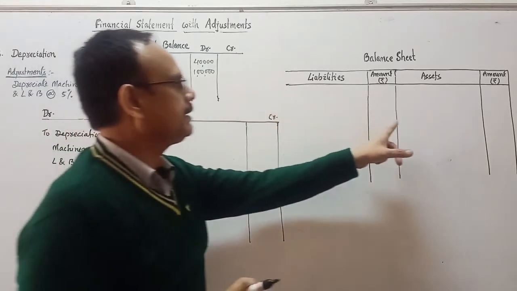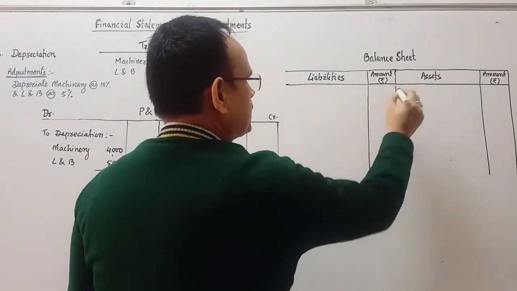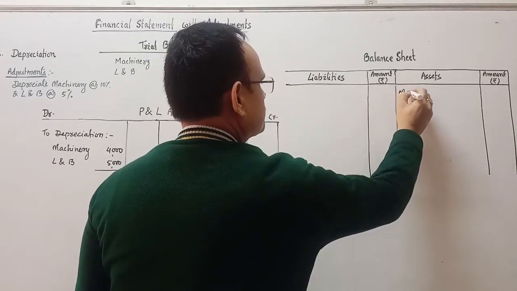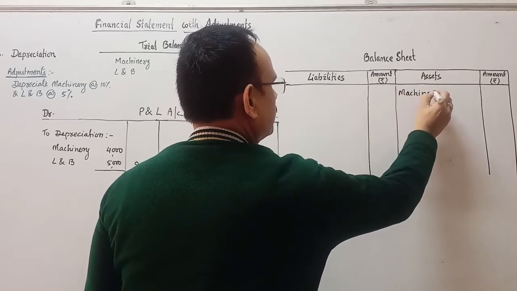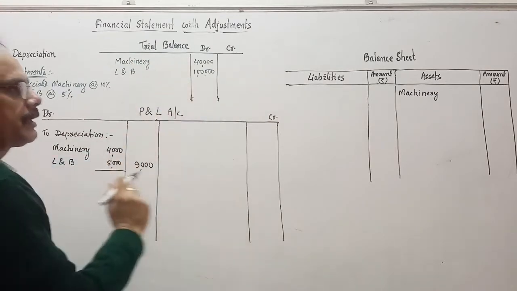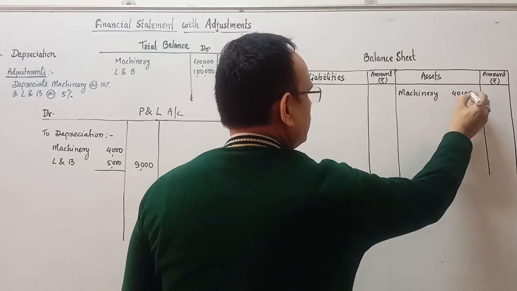In the balance sheet, this will be reflected on the asset side. When we write the machinery, you have to write the machinery given in the trial balance, 40,000, in the inner column.